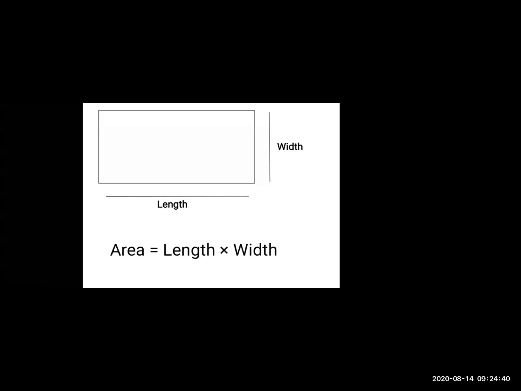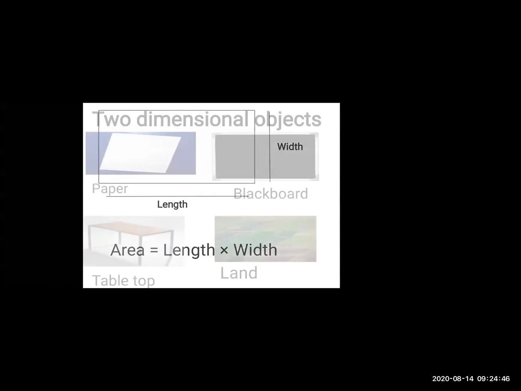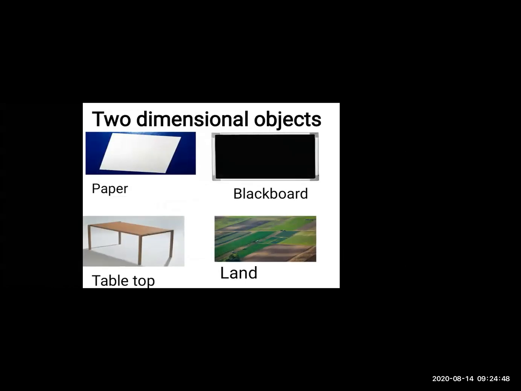Now, I'm going to show some examples of two-dimensional objects which have length and width. See here, the first picture is a paper. We know paper has a flat surface and it has length and width. So paper is called a two-dimensional object. The second picture is of a blackboard, that you are familiar with. Each and every classroom has a blackboard.